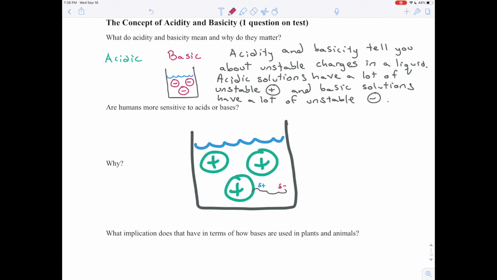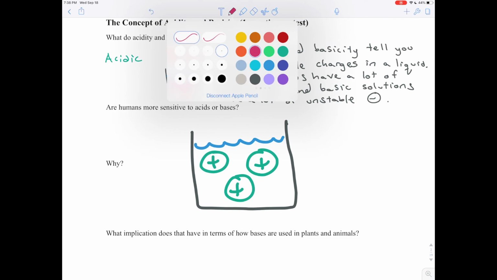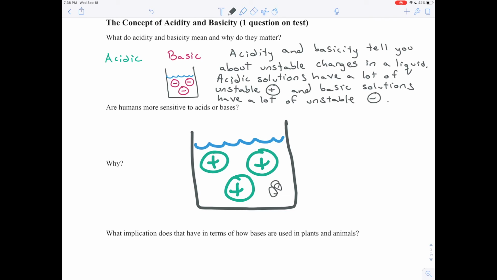In other words, the charge in this liquid is going to squeeze this molecule, and ultimately that will change its shape so that instead of being that shape, it'll turn into some other shape.